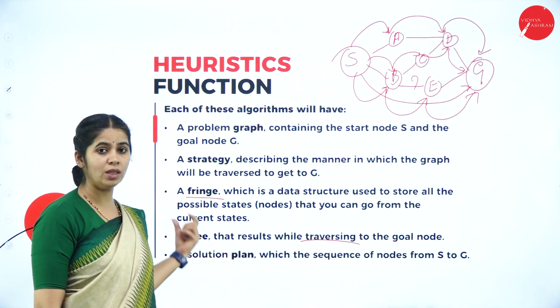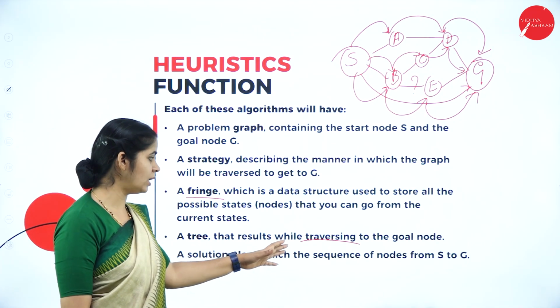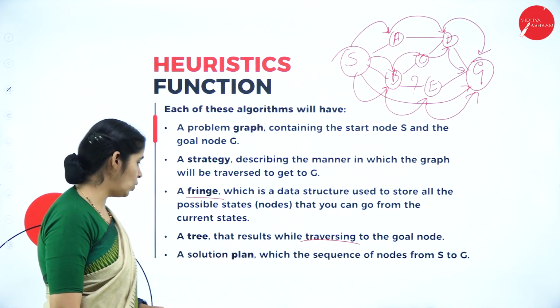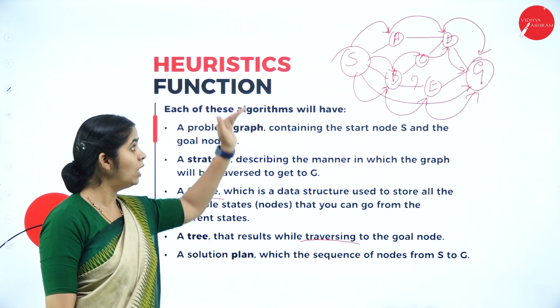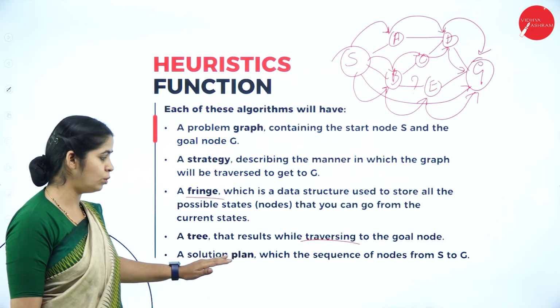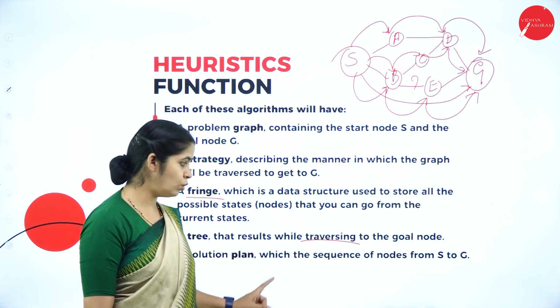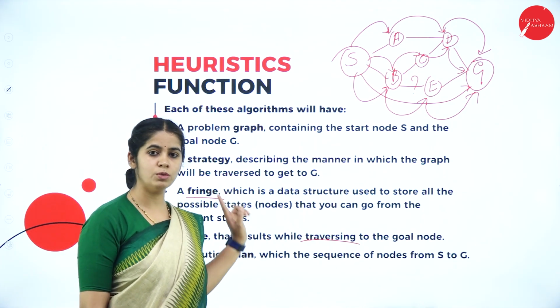You should convert the given graph into a tree so that, if necessary, we can do backtracking while traversing to the goal node. And you should have a solution plan, deciding which solution to implement. There are multiple solutions, and the chosen solution should be a sequence of nodes from S to G, that is, from the starting point to the goal point.